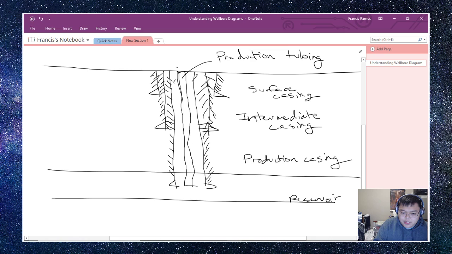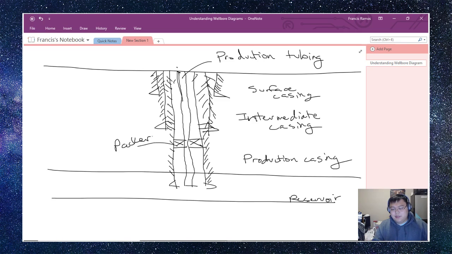There could be, let's say, a packer right here, which happens in completions. It could be an open hole. Lots of these diagrams are different, but this is kind of what I wanted to touch upon.